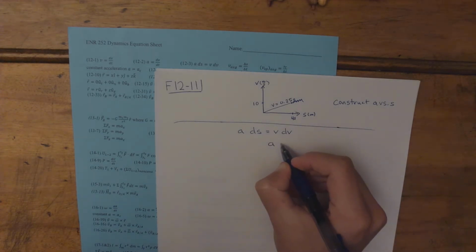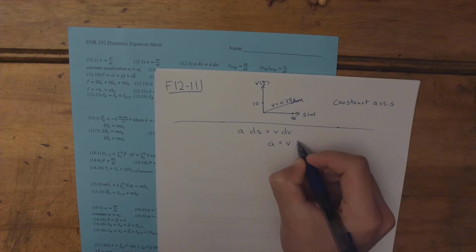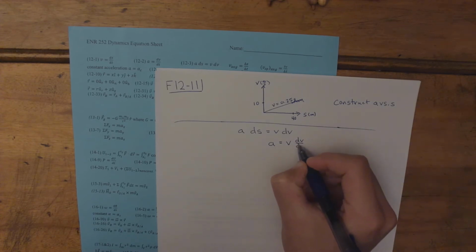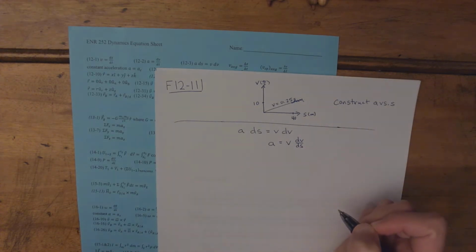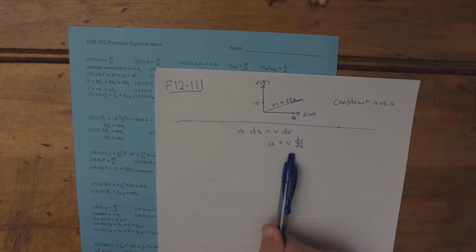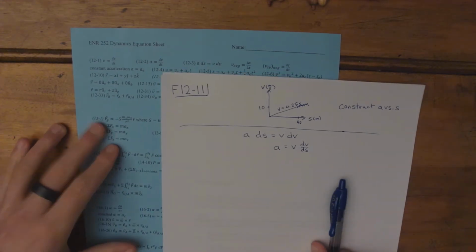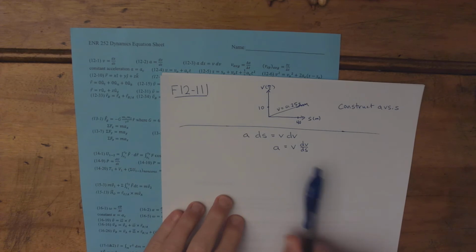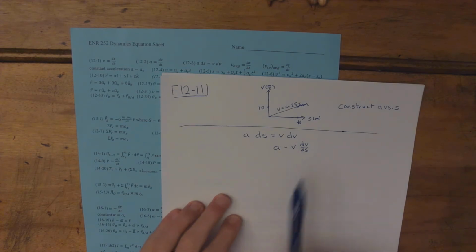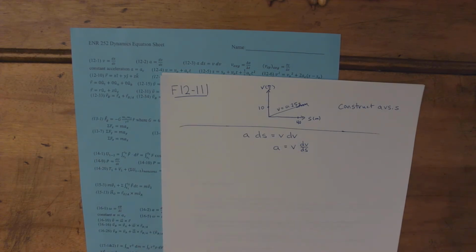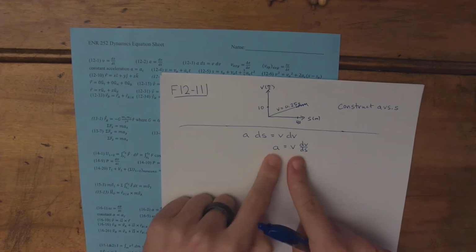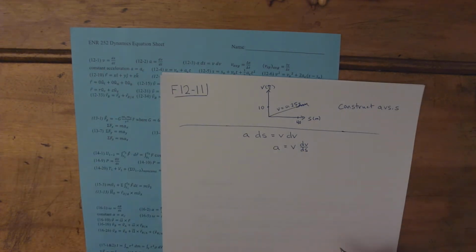So I have A is equal to V times dV over ds. And we saw in a previous problem how this equation can be derived from 12.1 and 12.2. So if you don't like just bringing the ds over to the other side like that, you can see that this is actually true by looking at equation 12.1 and equation 12.2.